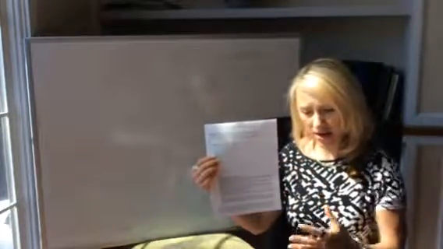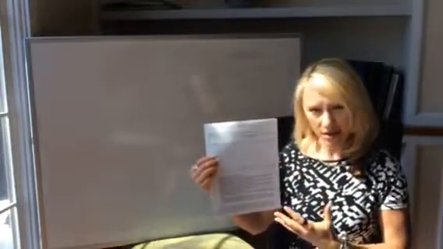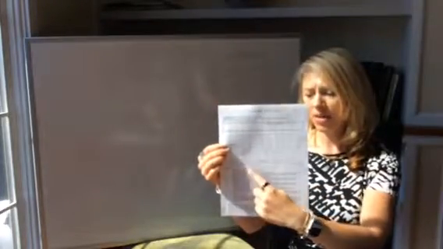Then when we create a lesson or a skill set for an individual to learn, typically there's a data sheet that goes along with it and a program sheet. Within either the data sheet or the program sheet, if not both, you should be able to find exactly what that prompt hierarchy is. And there'll be an additional copy of this within the web for you to take a peek at as well.